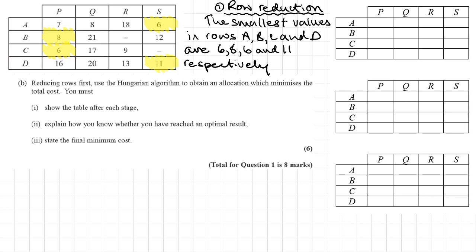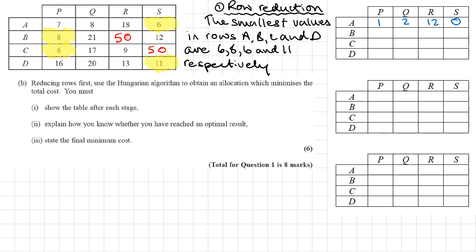So this value needs to be subtracted from every row. Before we do that, let me put in these values. As I said, I'm going to use 50 to make these allocations unattractive. So I start with row 1 and I'll take away 6 from each of those row values. So I have 1, 2, 12, 0. The second row, I'll take away 8 from each of these values.